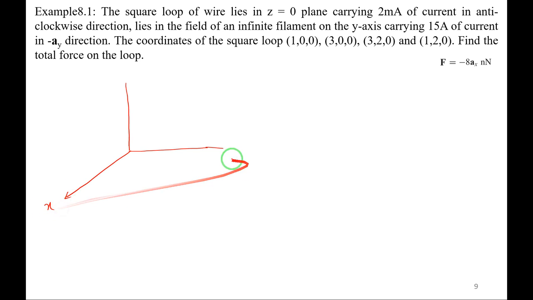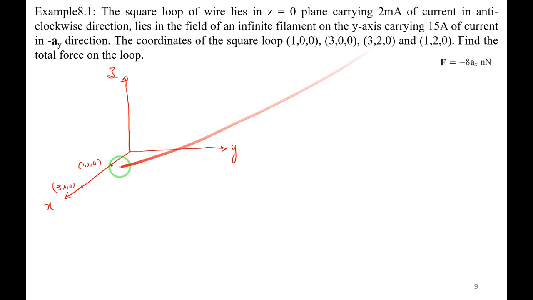So x-axis, y-axis, z-axis. For the square loop, the coordinates are given: 1, 0, 0. So 1 will come here. Next 3, 0, 0 along x. Next 3, 2, 0: 3 is here, and next I have to move 2 units in the y direction.